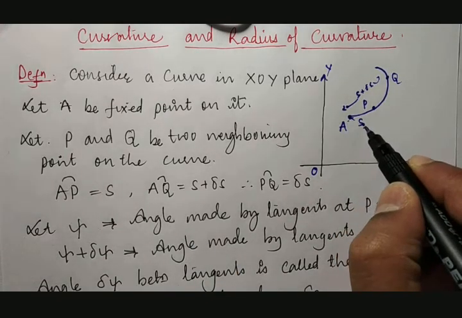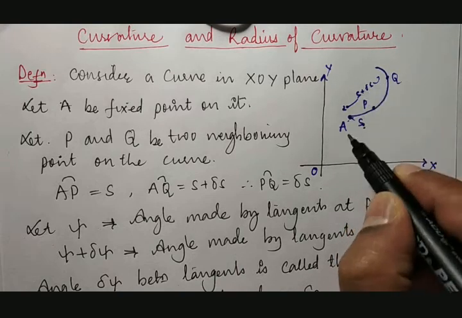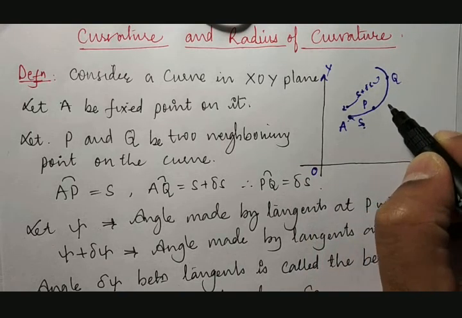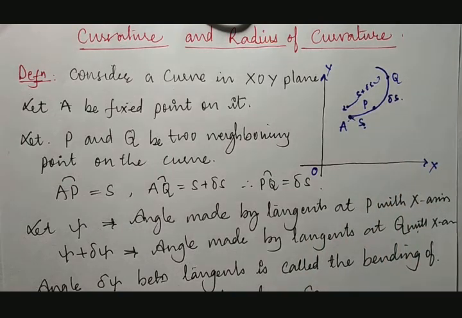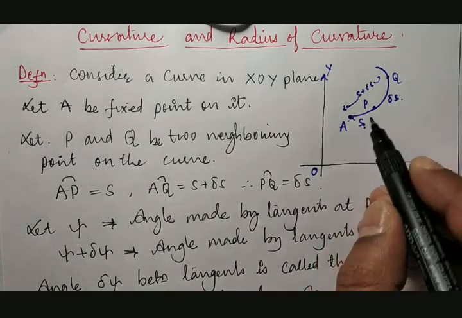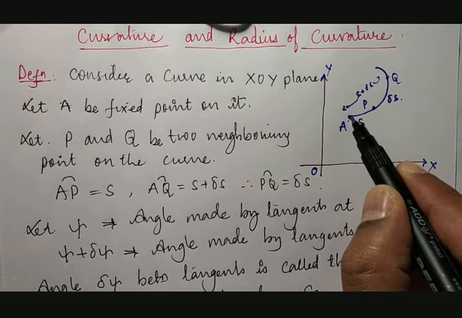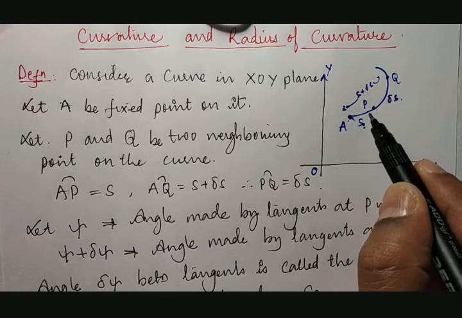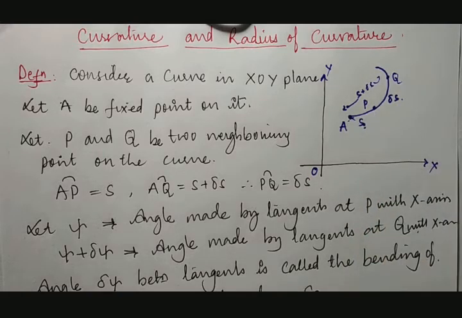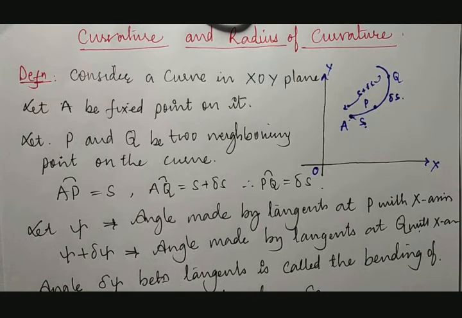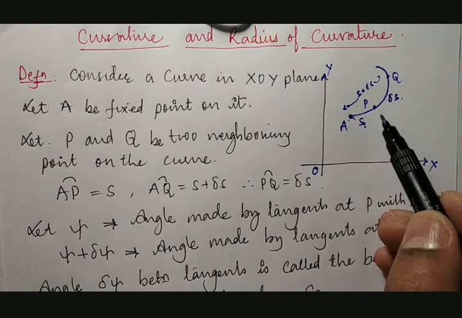A to P is S and A to Q is S plus delta S. That means P to Q will be taken as delta S. Always delta indicates the increment given to that term, so delta S is nothing but the increment given to S. You can see from here to here there may be only a simple curve, but if you consider from here to here, the amount of bend is more. Means there is an increment in the amount of bend. Therefore, that is considered as delta S, and delta S is nothing but the increment.